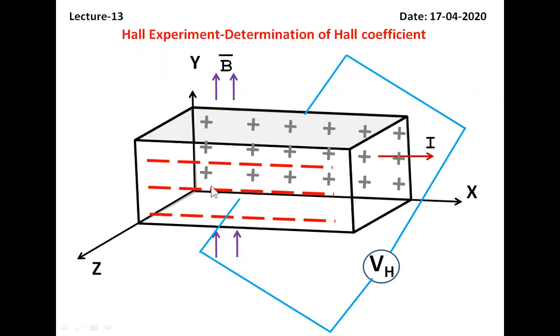So in our Hall experiment, we are actually going to take the consideration of the geometrical parameters of the semiconductor block. For example, if you consider the breadth of the semiconductor block is B, whereas T represents the thickness of this particular semiconductor block. And let us try to take the expression for Hall coefficient from our previous class.